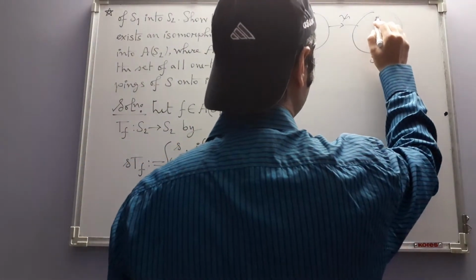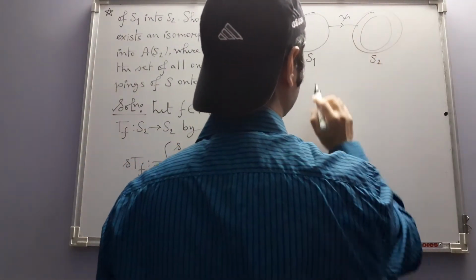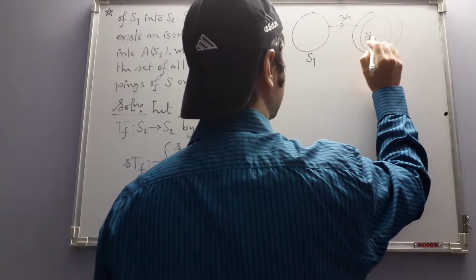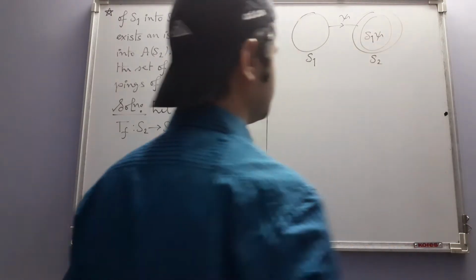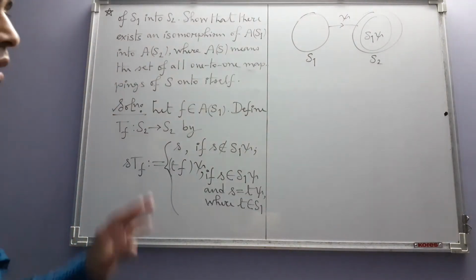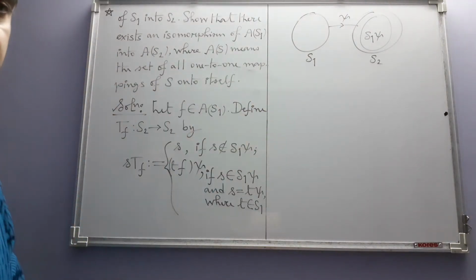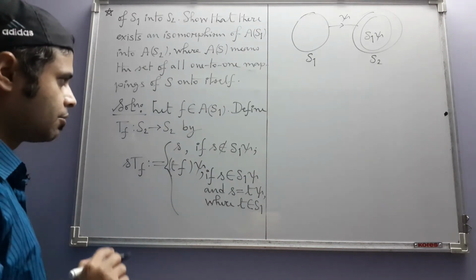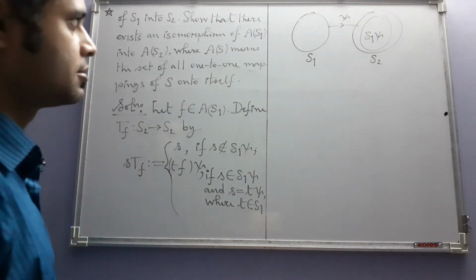Now there will be an image of S1 under psi. That image is denoted by S1 psi. It has all the outputs and it's a subset of S2. We already know that. Now what we are doing is this.